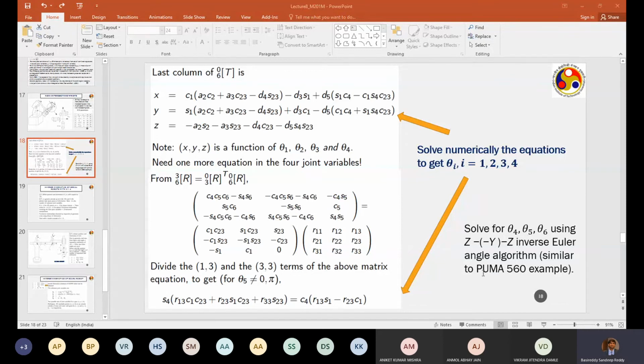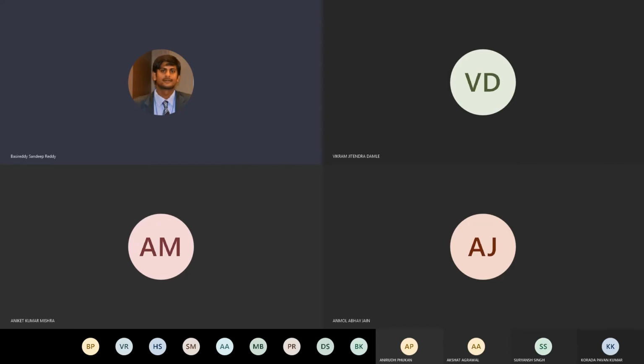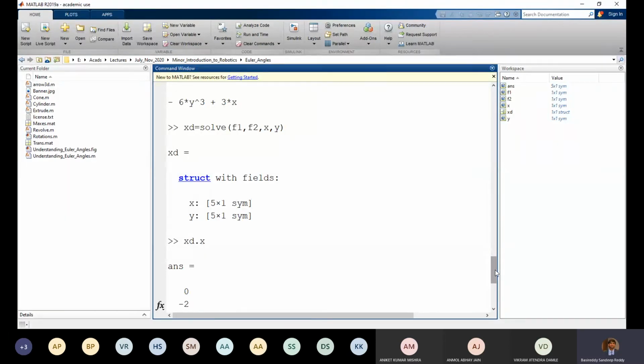Yeah, there is another way of doing nonlinear equations. This is something that I had worked on.